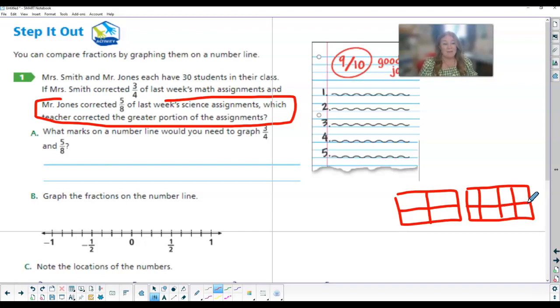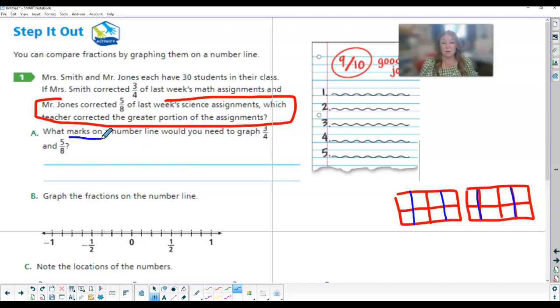How can we get them to be the same? Well, if you notice, I can take these extra lines here and I can add them here. So I can turn 4ths into 8ths.